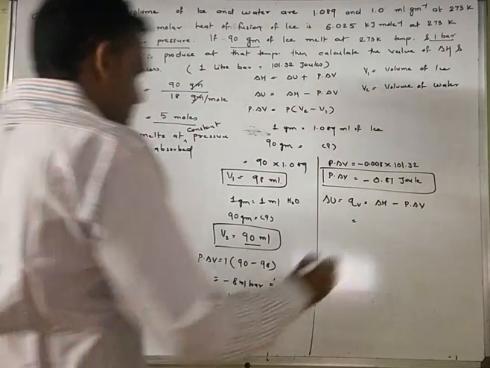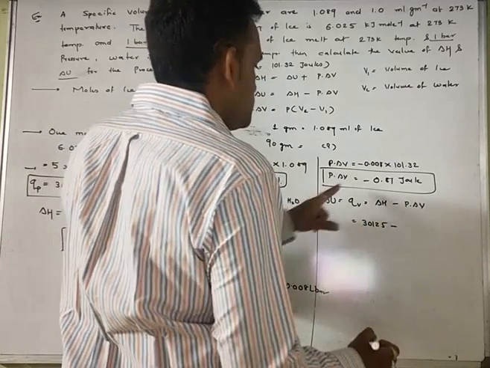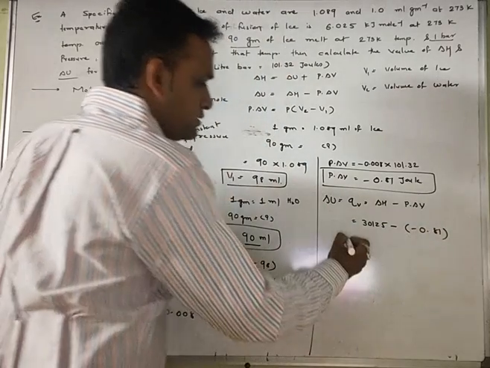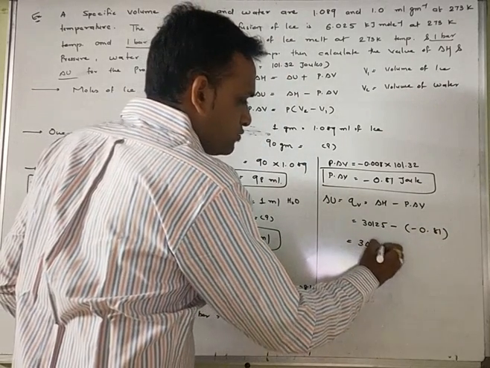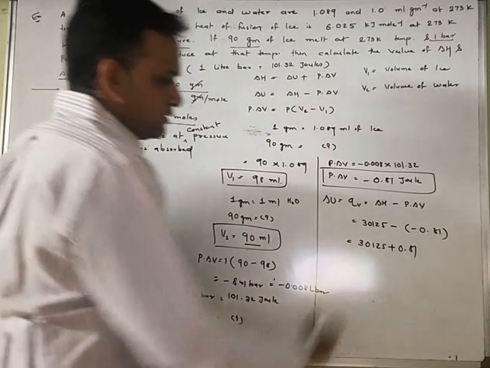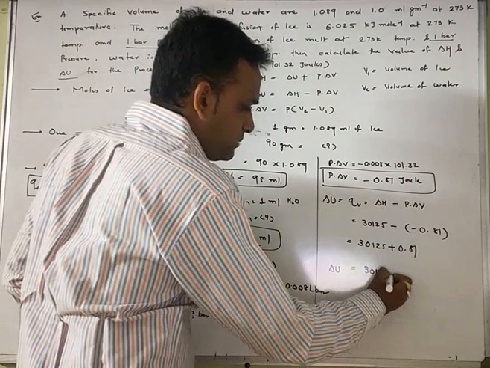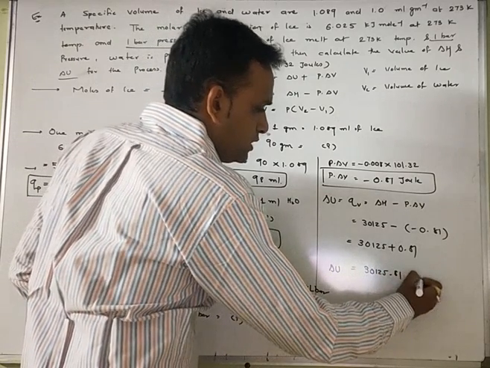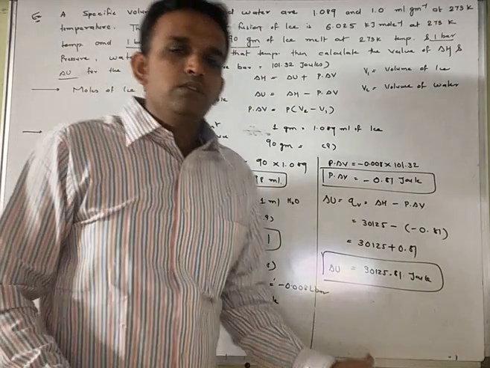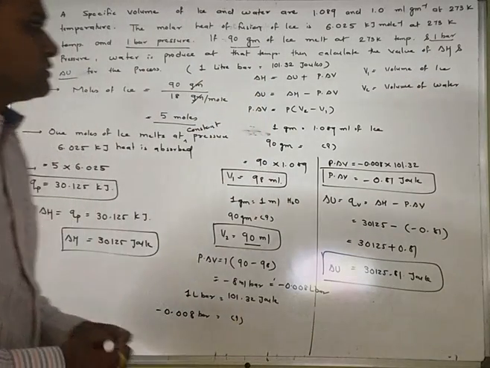Delta H we got here is 30125, minus P into delta V, which we got as minus 0.81 joule, right. So 30125 minus minus, plus 0.81. Is it clear? So you can get delta U equal to 30125.81 and the unit is joule. Understand? So this is how you can find out the change in internal energy, right? So write down all these things.